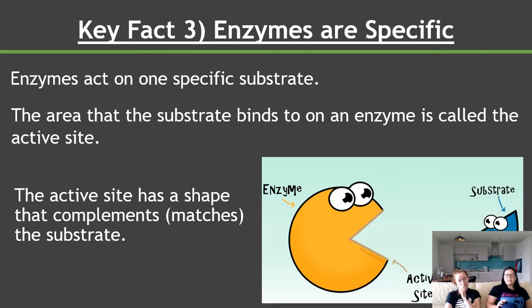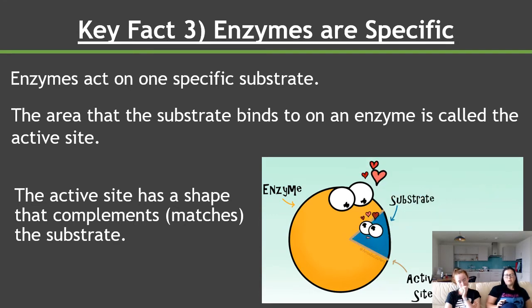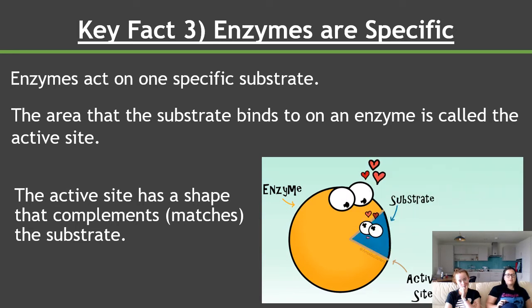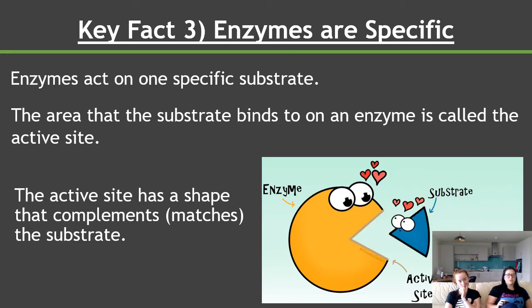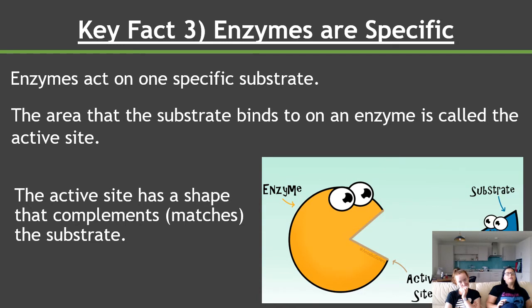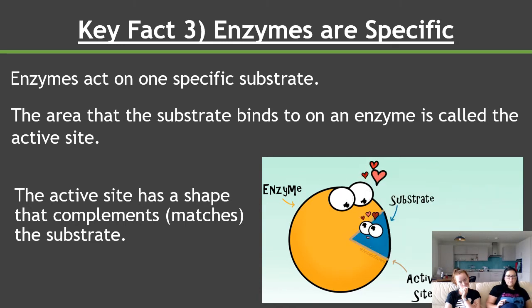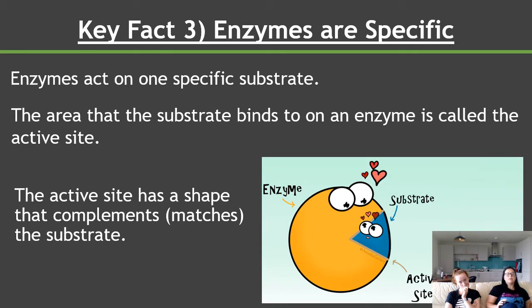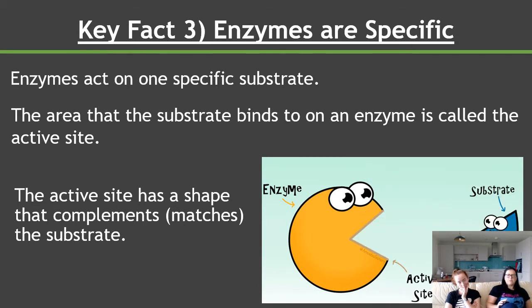The active site has a complementary shape to the substrate. So if we have a look at this little GIF here, the active site would be this kind of triangular zone here on the yellow Pac-Man, whereas the substrate is that perfectly triangular shape there, okay? It's not the same shape as the substrate, otherwise the active site would be a pokey out triangle. It's a complementary shape.